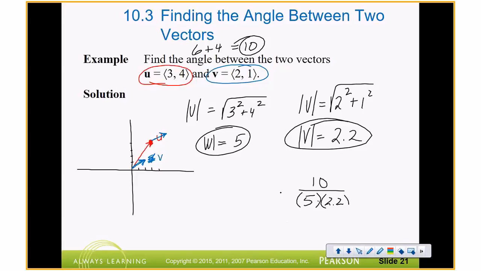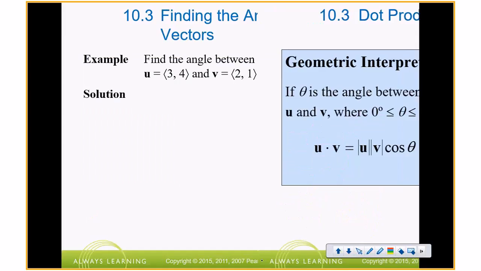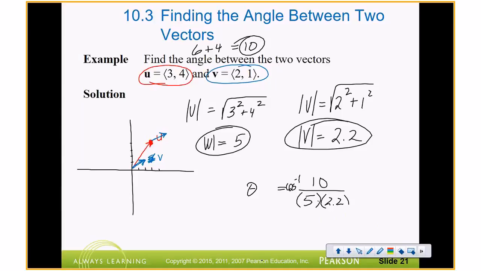Then inverse cosine. Somebody tell me, didn't it say the cosine on the previous slide? Yes. Okay. There you go. So somebody take the inverse cosine of 10 over 11.2. Check my math.